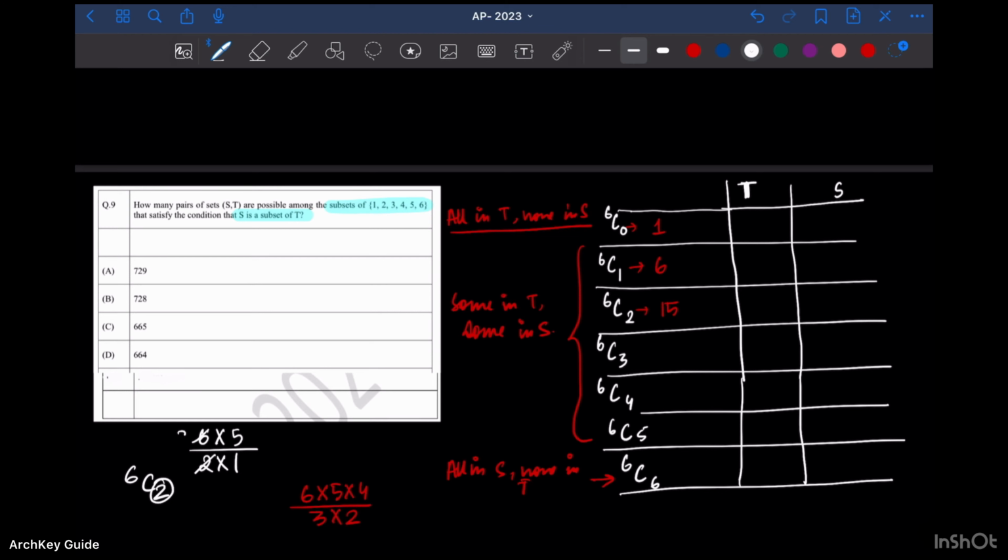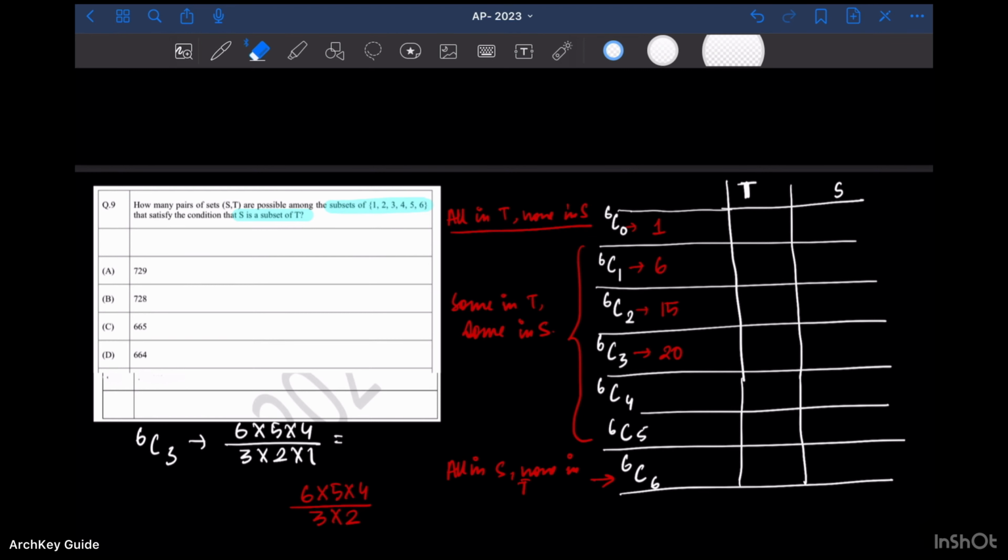Hence 15. 6C3 similarly will end at the third number, 6 into 5 into 4, and 3 will continue until 1. So how much would this be? Calculate. Try to solve for all the rest of the numbers.